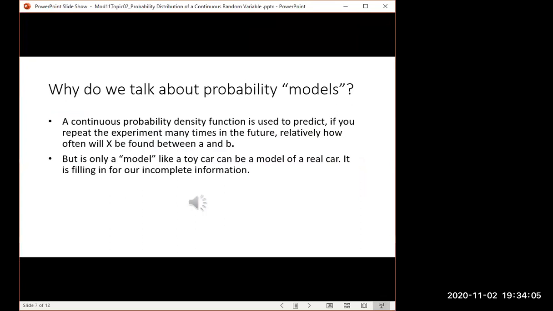If you repeat the experiment many times in the future, you're trying to predict what percent of the time X will be found to be between A and B. But you're trying to make a prediction for what would happen if you just repeated the experiment over and over again forever, and you can't do that. And your model is based on limited information.